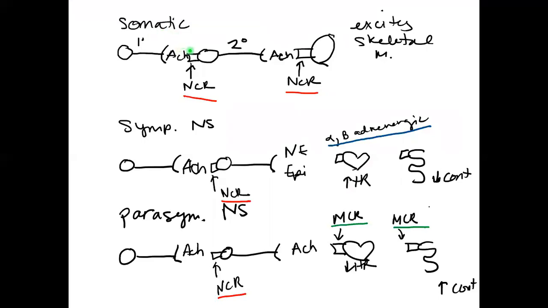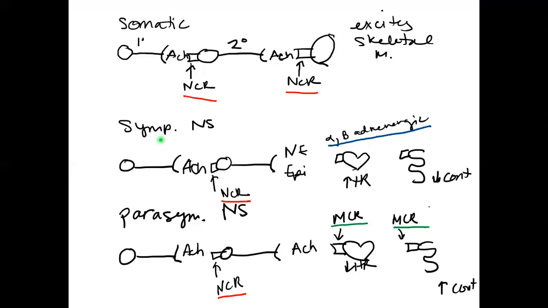That's going to bind to, I abbreviated it as NCR, which stands for nicotinic cholinergic receptor. Acetylcholine will bind to that nicotinic cholinergic receptor and activate the second nerve. That second nerve is then going to release acetylcholine onto another nicotinic cholinergic receptor, and that's going to excite the skeletal muscle.